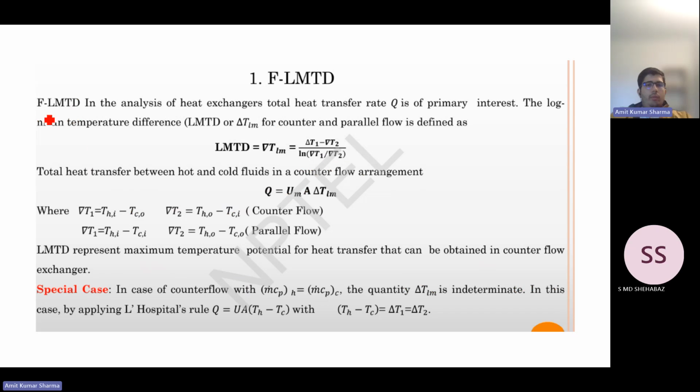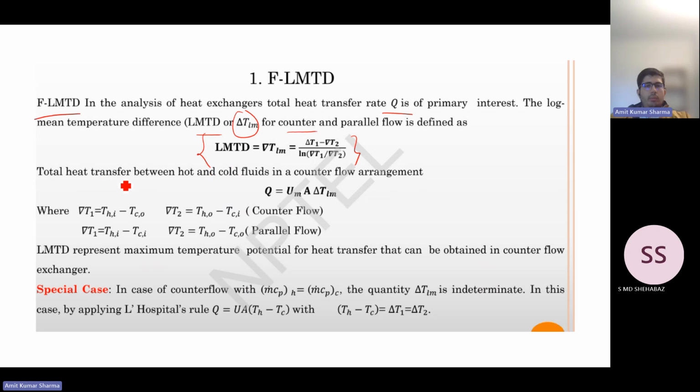So now we have the F and LMTD analysis. In the analysis of heat exchangers, the total heat transfer rate Q is of primary interest. The log mean temperature difference, LMTD, or written as del T LM, for counter and parallel flow, is defined as this: LMTD equals del T LM equals del T1 minus del T2 upon ln del T1 upon del T2.